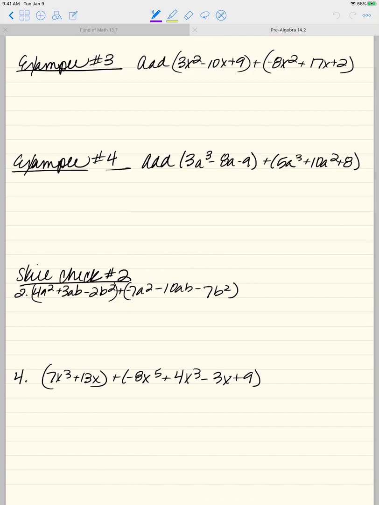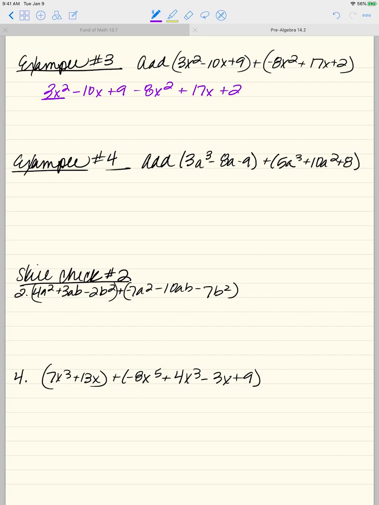8x plus y. Moving right along to example number 3, 3x squared minus 10x plus 9 plus negative 8x squared, that's the same as subtracting 8x squared, plus 17x plus 2. Identify your like terms.